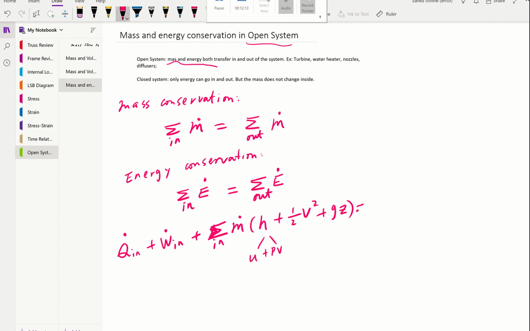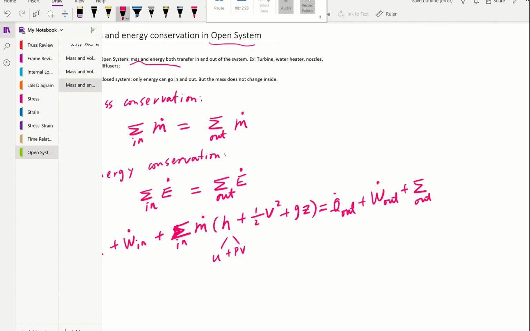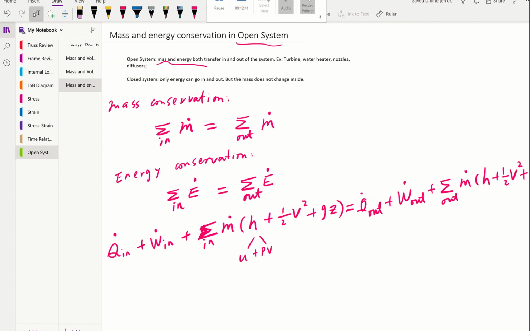So the right side will be exactly the same thing. You could have heat going out of the system and work going out of the system, and potentially you have mass leaving the system. So it will be the summation of all the outlets of mass flow rate times H plus half V squared plus GZ.